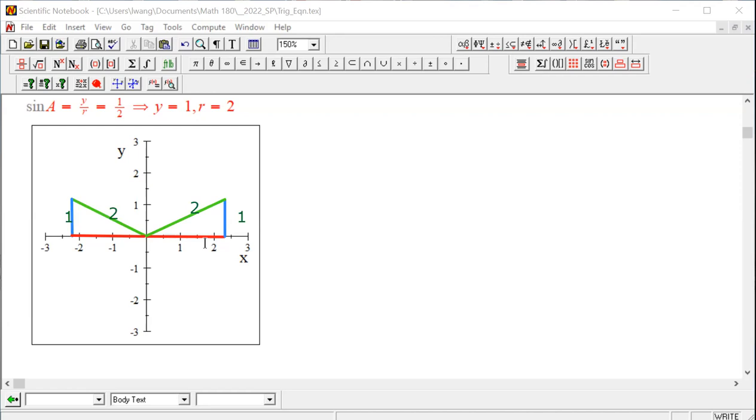On this side the red is positive, and on the other side red is negative, but we're not interested in the red number. We just have to identify the angles. Then you have this triangle. This side is 1, this side is 2, and we try to find the angles.